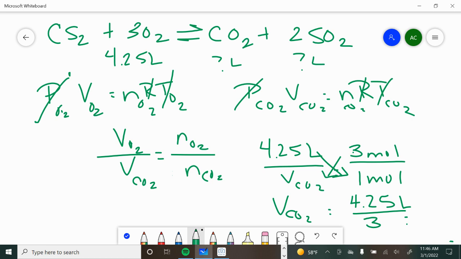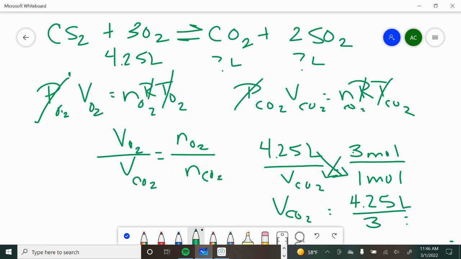It's possible. It's just making a ratio. That's all it is. Because they told you that the pressure and temperature are the same, you're just going to make that ratio. You can't use dimensional analysis the way we have been because this is not standard temperature and pressure.